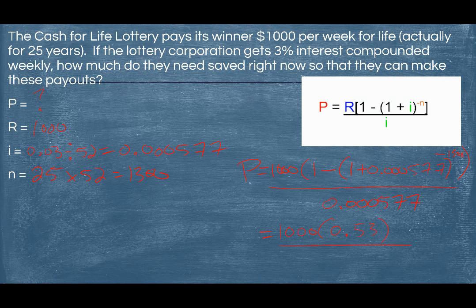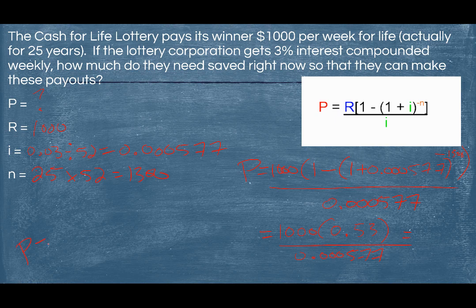It's actually 0.527578498 divided by 0.000577. I don't know if I'll be able to cram my answer in there, not likely. So I got to go times 1,000 divided by 0.000577 gives me 914,000.